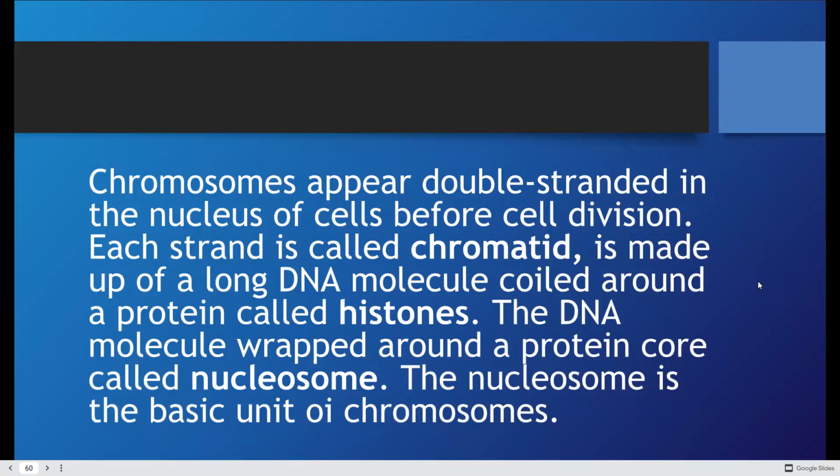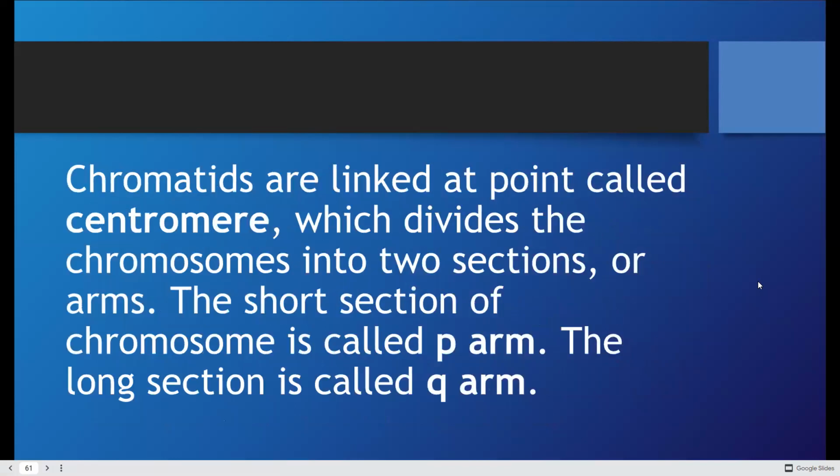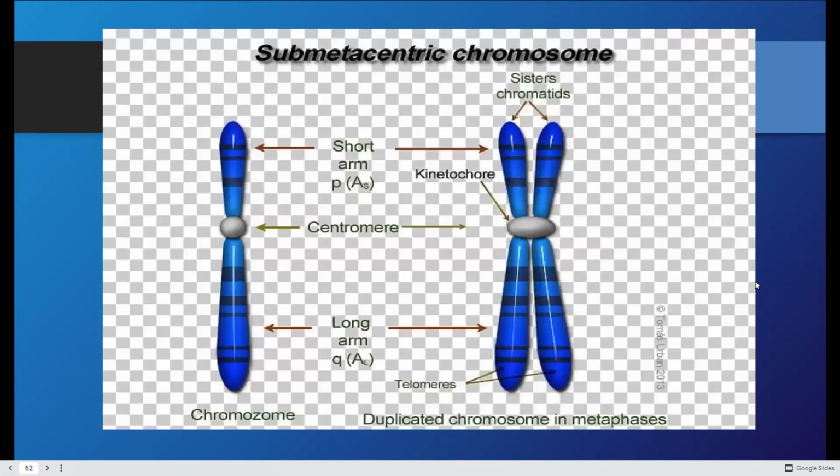The nucleosome is the basic unit of chromosome. Chromatids are linked at a point called the centromere at the center, which divides the chromosome into two sections or arms. The short section of the chromosome is called the P arm, and the long section is called the Q arm. So these are the sections of the chromosome.